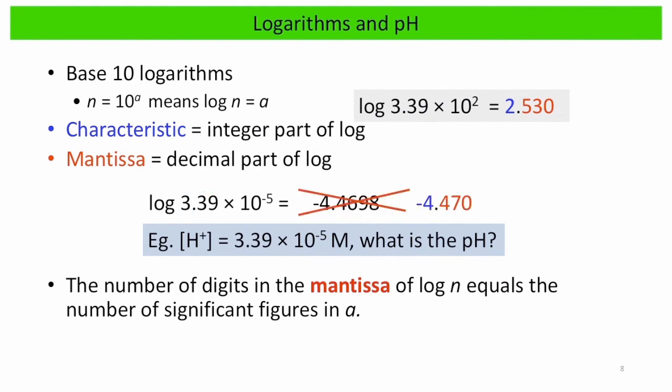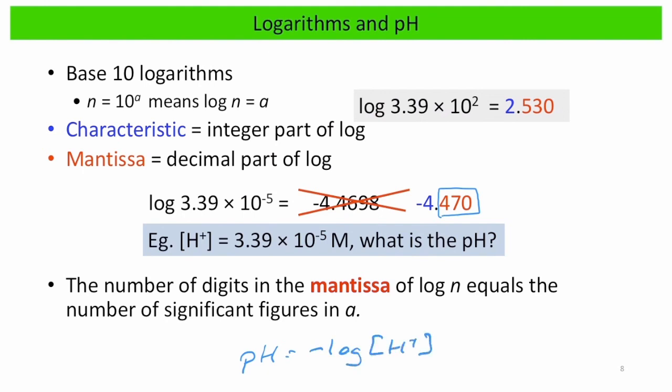So since there are 3 significant figures in the number that you are taking the log of, the answer should also have 3 significant figures, and these in the mantissa are going to count as their significant figures. So if we get to a situation where we're trying to figure out what the pH is, given a concentration of H+, okay, if you remember from previous courses, the pH equals the negative log of the concentration of H+.